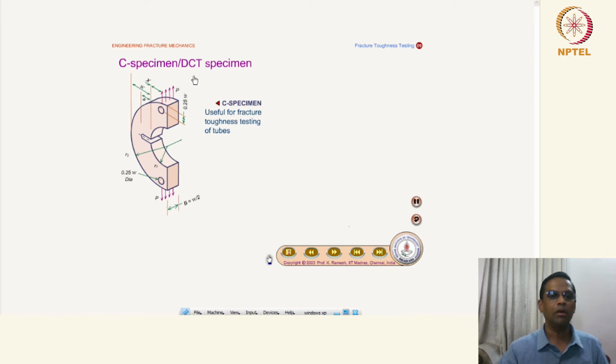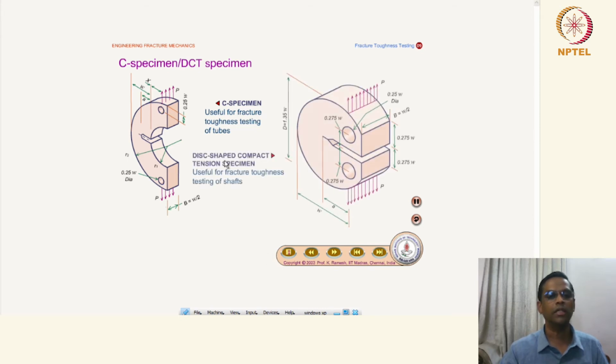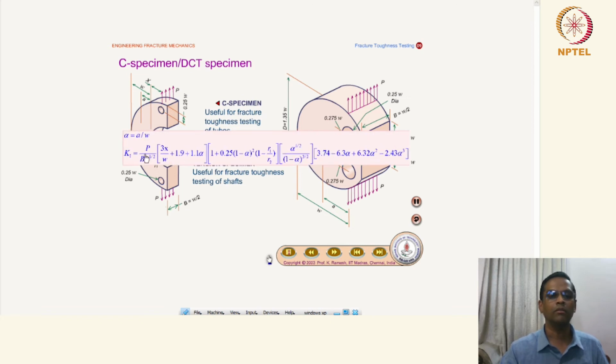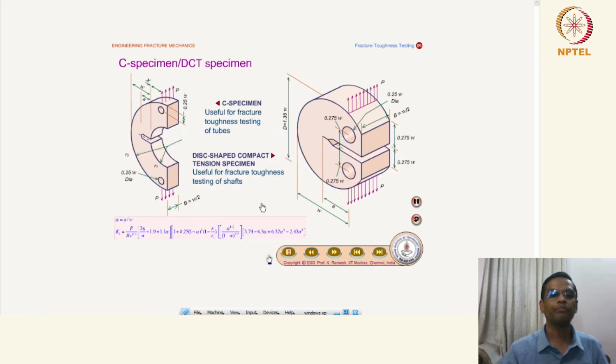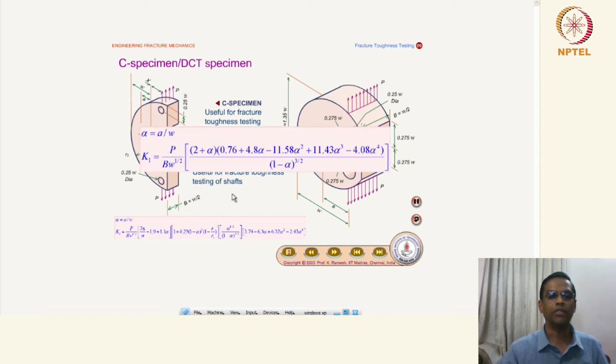C specimen or DCT specimen is useful for the fracture toughness testing of tubes. So it is nicely configured in that manner, and you can look at this kind of expression for a by W configuration. And the disc-shaped compact tension specimens are also useful for testing of shafts.